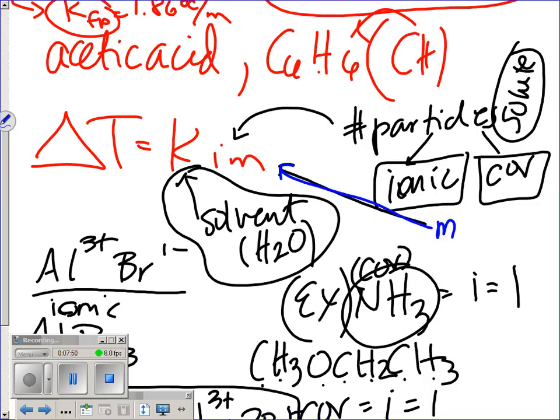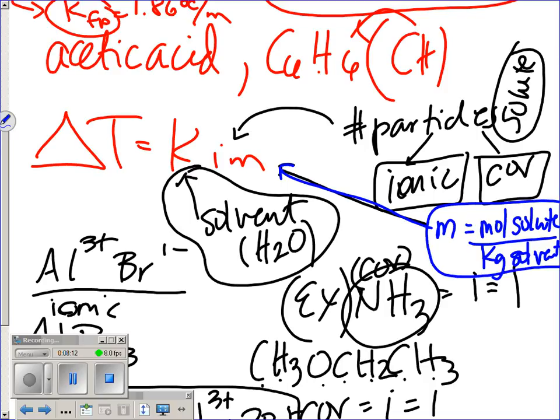It's little m, but what is molality again? Moles of solute over kilograms of solvent. So little m is equal to moles of solute over kilograms of solvent. So it does take on both. By recognizing which one's the solute and solvent, sometimes it's half the battle. Does that recap yesterday a little bit for you?